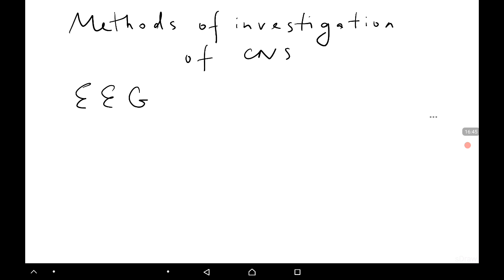Electroencephalography is the method that registers the sum of all electrical activities of the brain. So it summarizes the electrical activity of the brain and represents this activity in a graph. The graph looks like that, electroencephalogram.